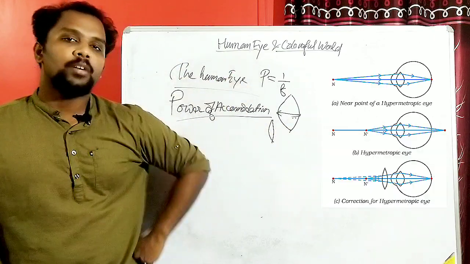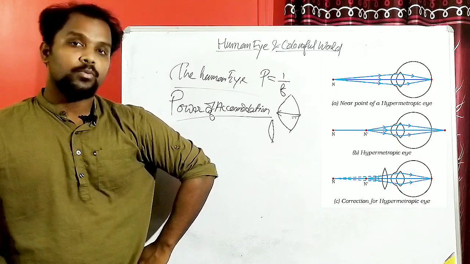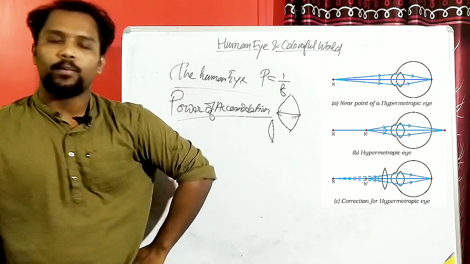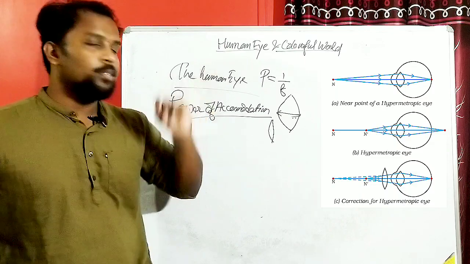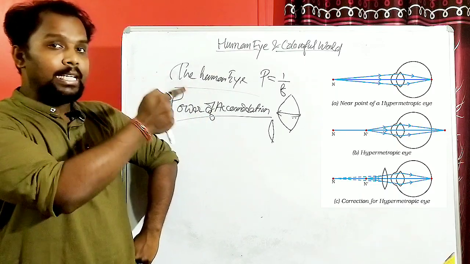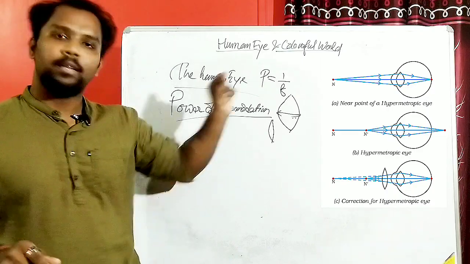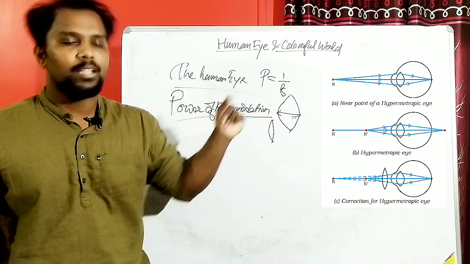Now you are just observing in the figure, you are going to get three figures which are described in that hypermetropic eye, right? In the first image, when that least distance increases beyond 25 centimeter, that image is now forming at the proper position at the retina.